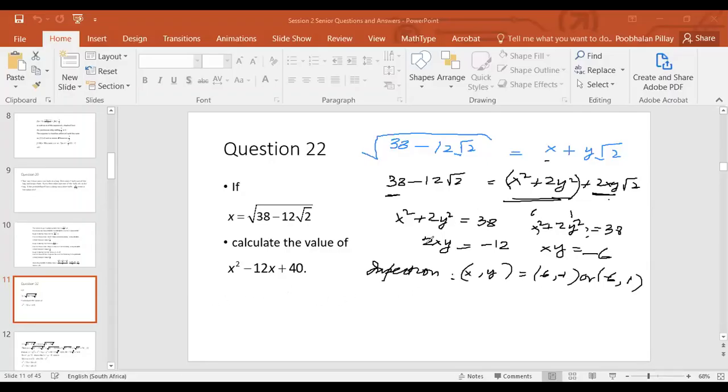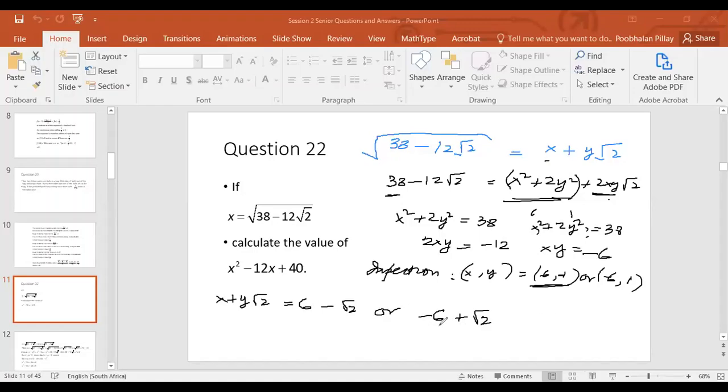Your x plus y root 2, that's what we are trying to calculate, is, if x is 6 and y is negative 1, 6 minus root 2, or if I use negative 6 and 1, we'll have negative 6 plus 1 times root 2. Okay, so these are two possible answers.